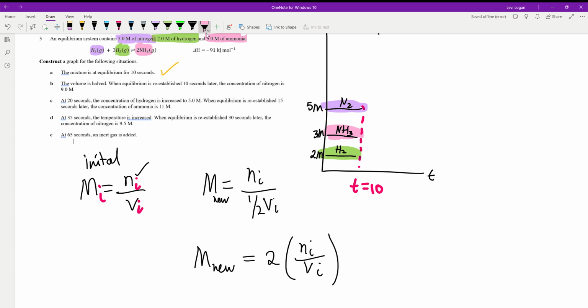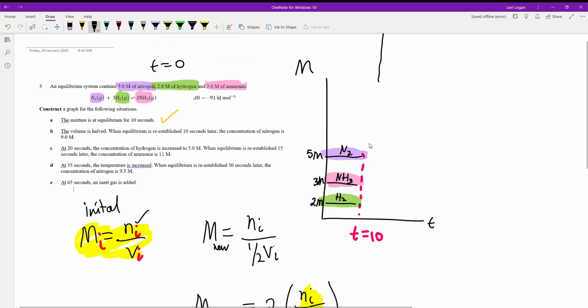If you were to think of it mathematically, we could just substitute this into there, and the new molarity is double it. So effectively, not applying Le Chatelier's principle at all, if you halve the volume of this system, or any system, it's going to double the molarity.